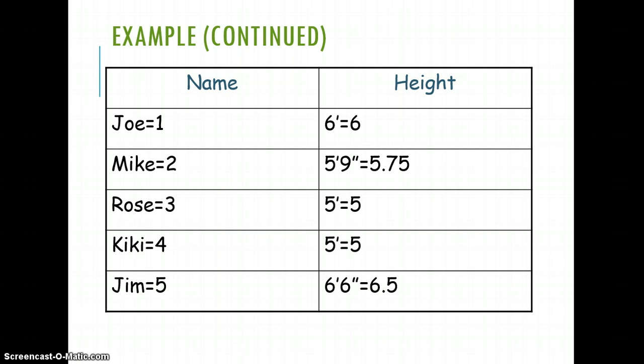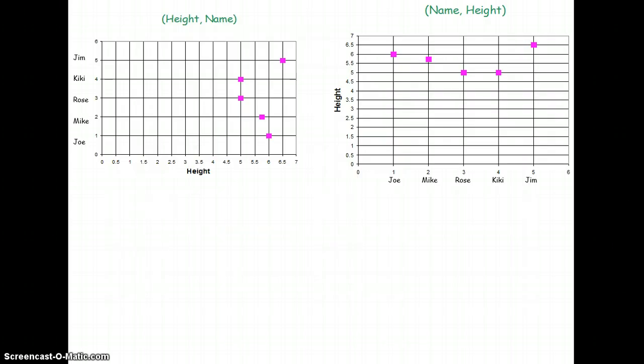Then Kiki, student number 4, 5 feet again. And Jim, student number 5, is 5 feet 6 inches, which, to relate it better to the Cartesian plane, is 6.15.